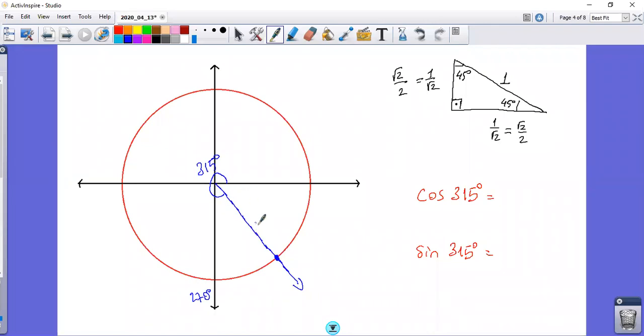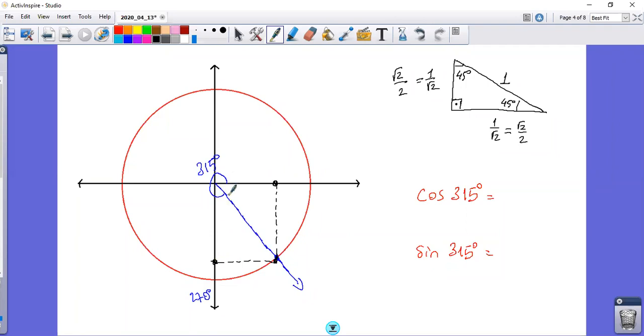So now we are going to have a right triangle here. Let's say this is the x coordinate of this point, and this is the y coordinate of this point, right? So this is going to be cosine of 315, and this is going to be sine of 315.